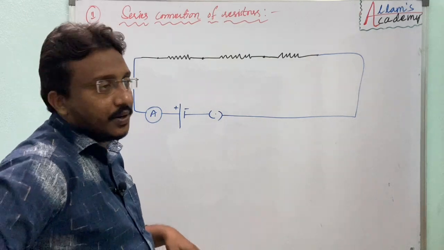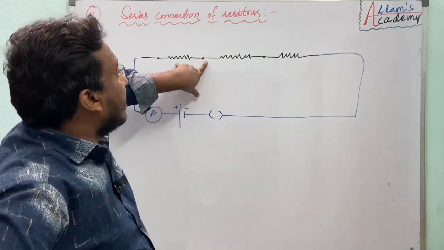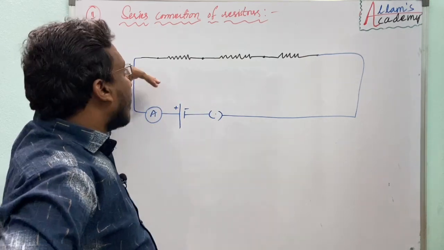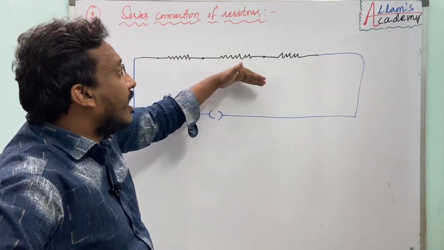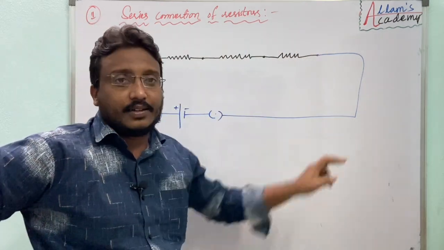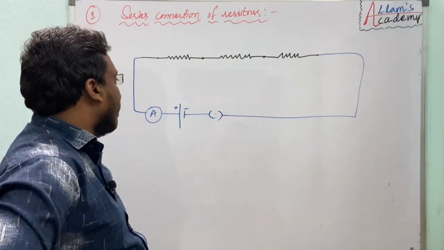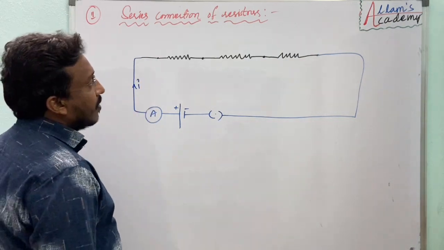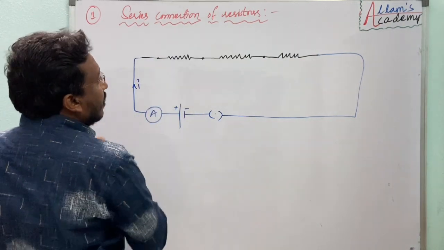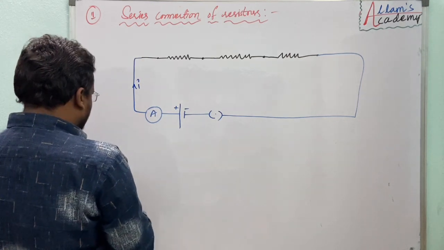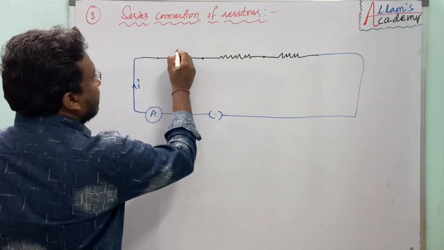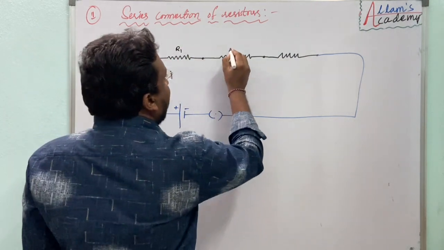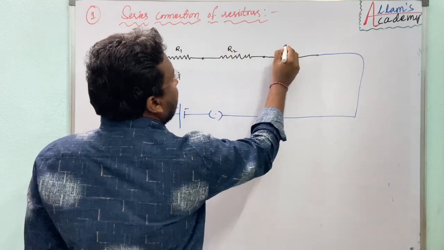This is a closed circuit. See, all the three resistors are connected in a single path, right? So here the current I travels from the first resistor to the second resistor. This resistance is taken as R1, this as R2 and this as R3.